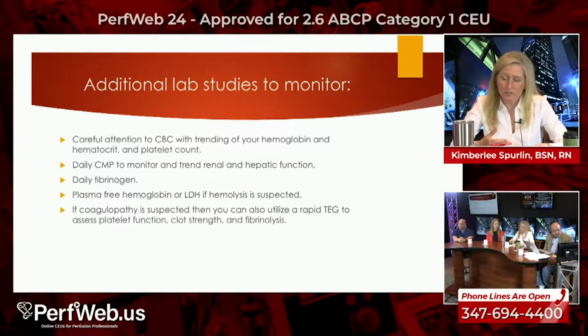Your cardiac arrest patient, obviously you can't have that, but your sepsis patient, hopefully there was an idea of where we were beforehand. Daily fibrinogen, and plasma-free hemoglobin or LDH if hemolysis is suspected. And if coagulopathy is suspected, you can utilize a rapid TEG to assess platelet function, clot strength, and fibrinolysis, rather than just guessing what product to throw at this patient.